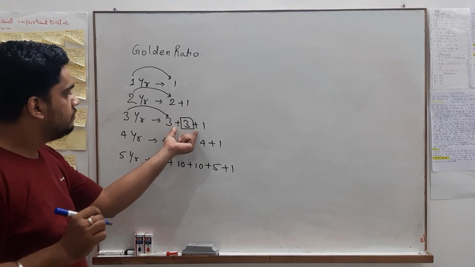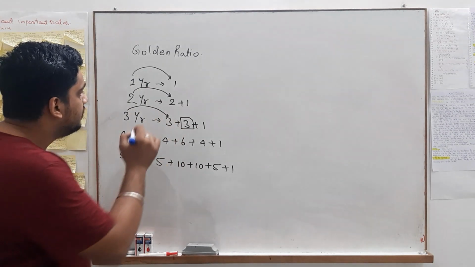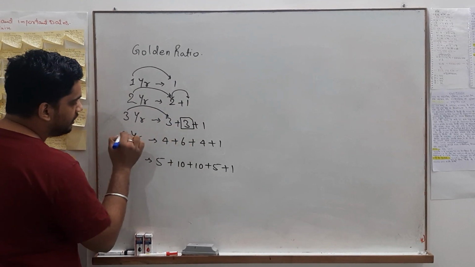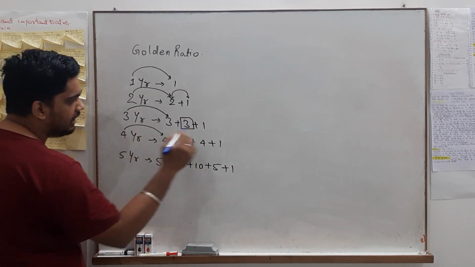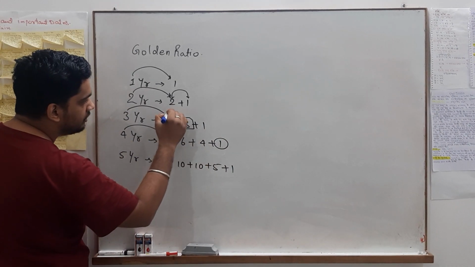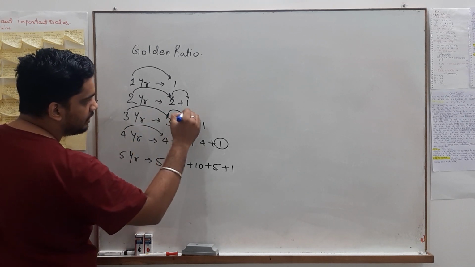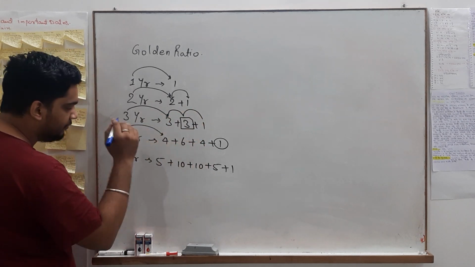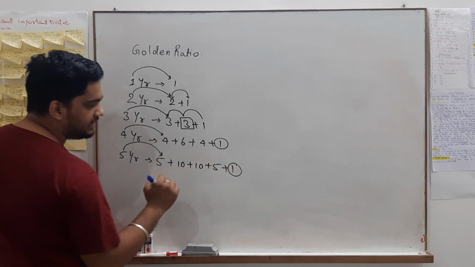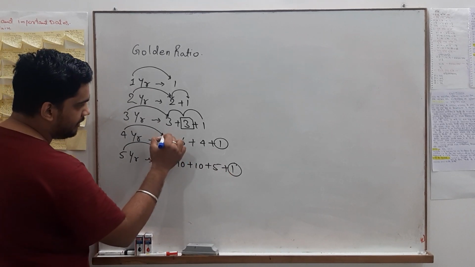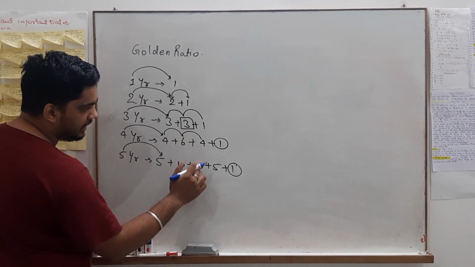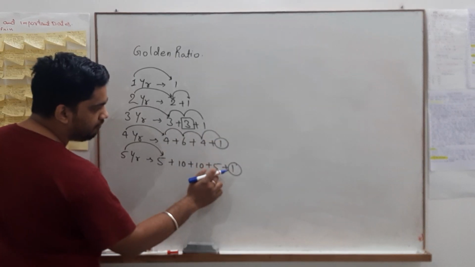So when we add 2 plus 1, it is 3. For 4, the first number will be the same as the year, and we just need to add 1 in the last: 4, 6, 4, 1. 3 plus 3, 6. 3 plus 1, 4. For 5, the first number is the same as the year, plus 1 in the last. 4 plus 6, 10. 6 plus 4, 10. 4 plus 1, 5.